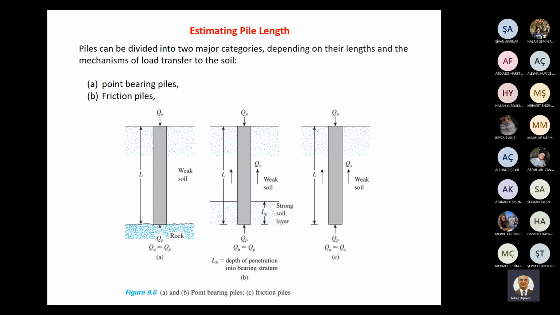Why? Because to get frictional resistance, this pile should be mobilized downwards. But a strong layer doesn't allow this mobilization. So almost all of the loads, all of the capacity, is resisted by the rock layer.